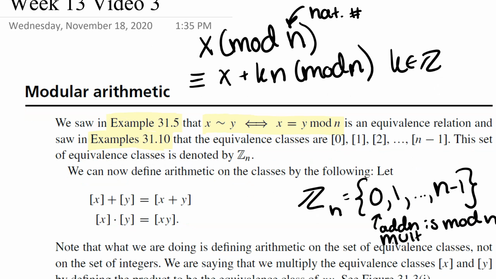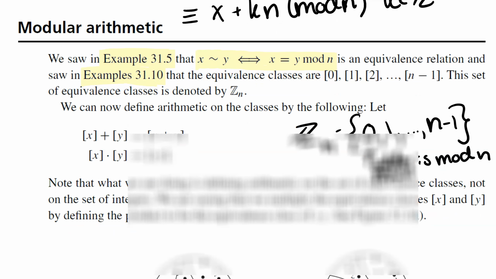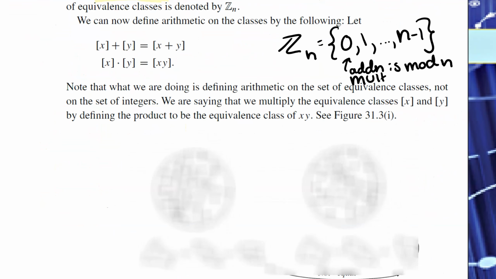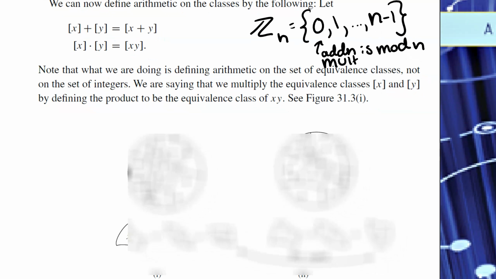Similarly with multiplication. Why I want to take this screenshot from your book is they have a great visual here. Note that what we are doing is defining arithmetic on the set of equivalence classes, not on the set of integers. We are saying that we multiply the equivalence classes x and y by defining the product to be the equivalence class of x times y.